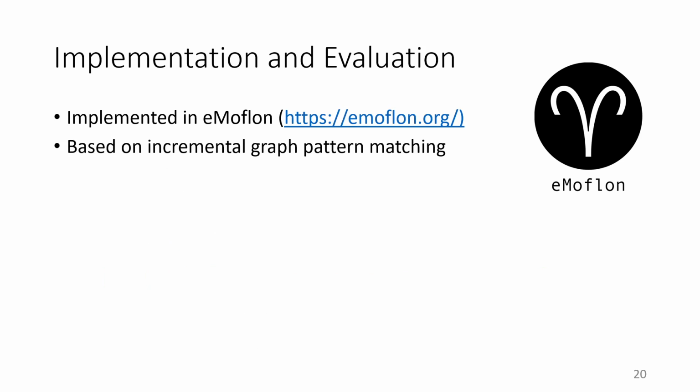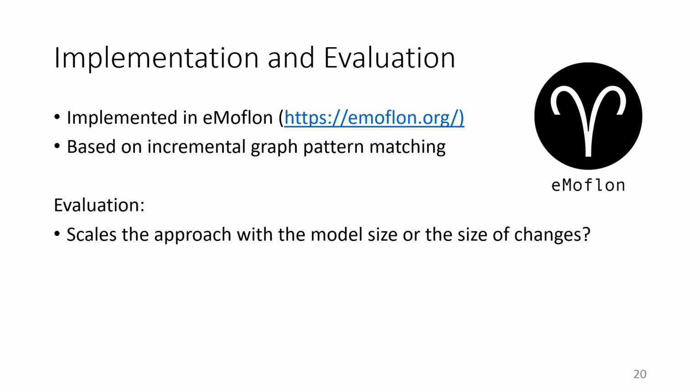And our approach is implemented in the state-of-the-art graph transformation tool eMoflon, which employs incremental graph pattern matching to find the rule application locations in a way that scales with the number of changes of a model rather than its size. And for our approach, we wanted to find out if you can preserve this property.